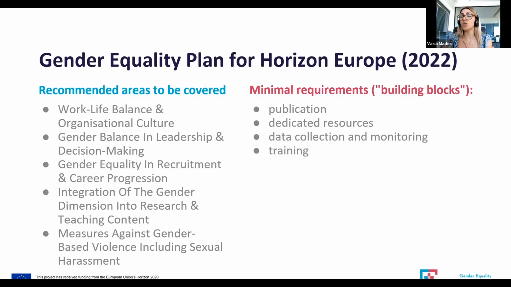It means that it needs to gather sex and gender disaggregated data on its personnel and students for the establishment concerned, and annual reporting based on the indicators that have been set at the beginning of the gender equality plan. Then, of course, continuous training is a prerequisite: awareness raising and training on gender equality and unconscious gender biases for staff and decision makers.